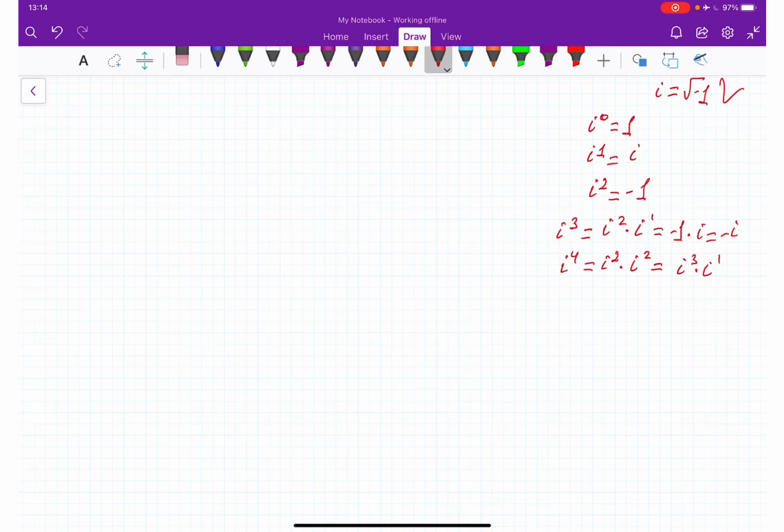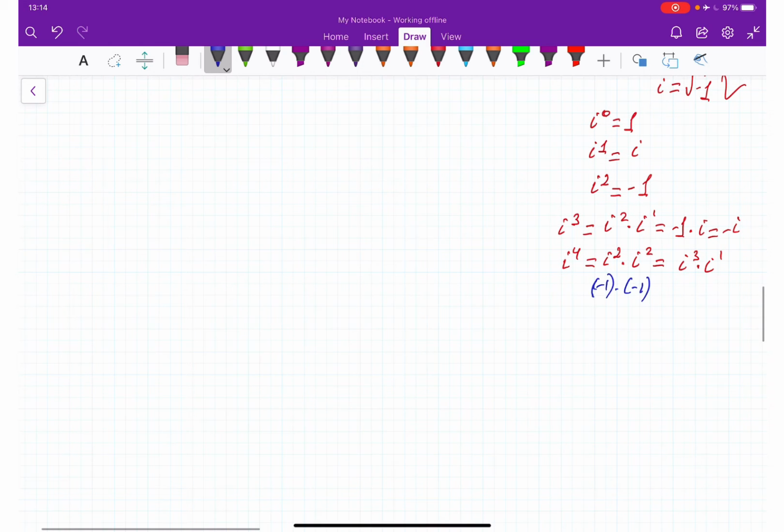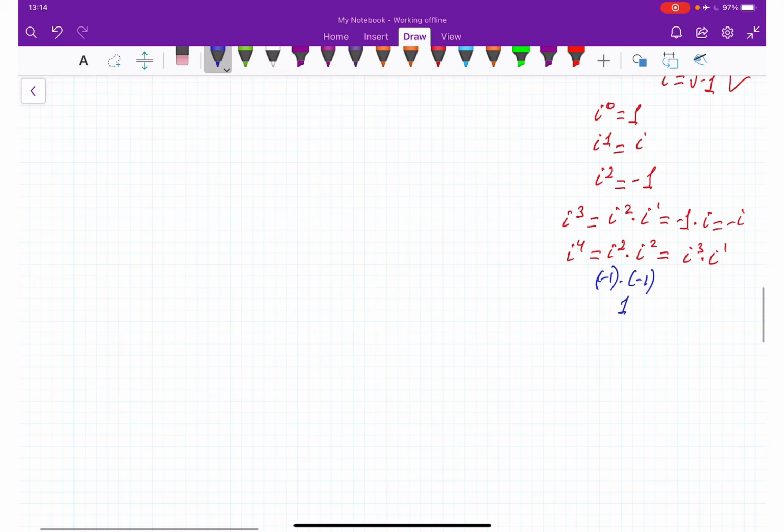And i to the 4 is equal, two ways, i squared times i squared, or i cubed times i to the power 1. So i squared is negative 1 times negative 1, and that's going to be positive 1. And i cubed is negative i times i, so negative i times i is going to be negative i squared, right?